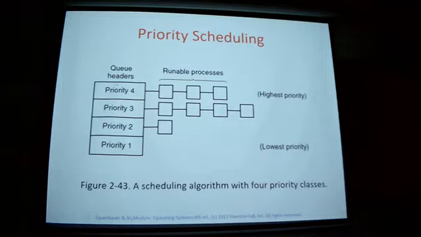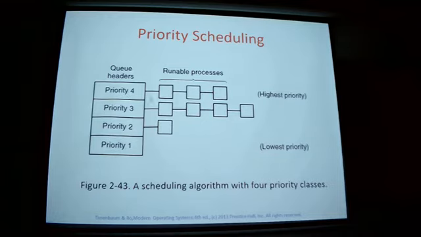This group has priority level 4, and the second one has priority level 3. Priority 4 means the highest priority. It means that, given these processes, we should first serve the processes with priority 4, because the priority is the highest.